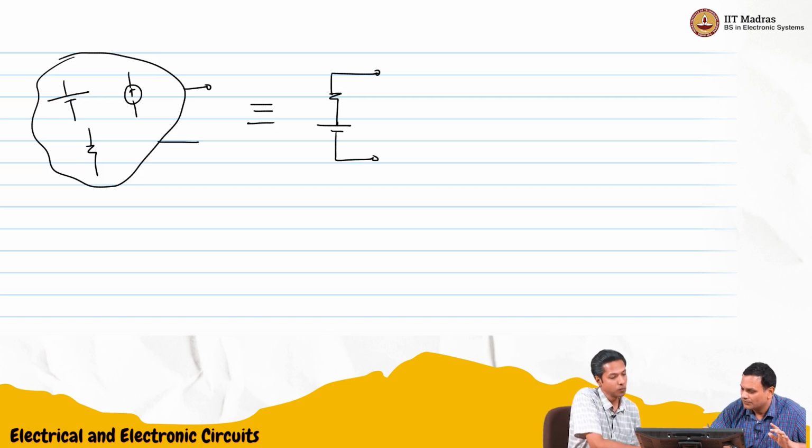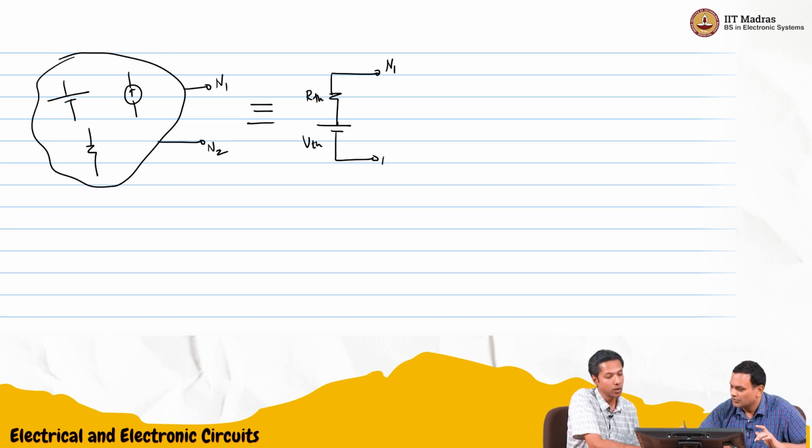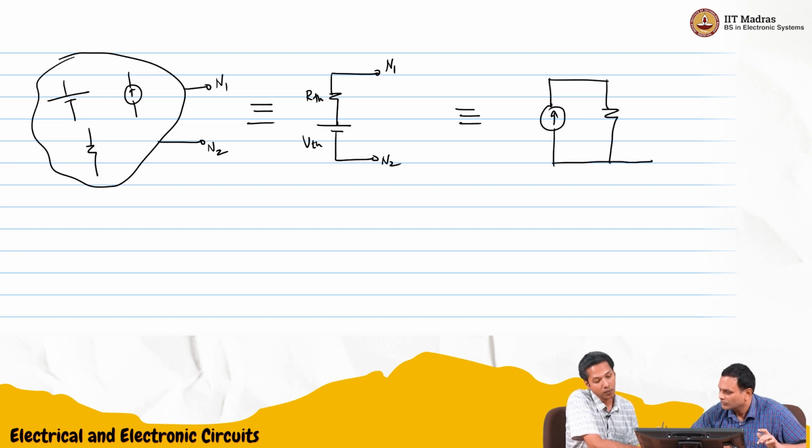So you have two nodes, N1, N2. You can use Thevenin's theorem to replace it with a Thevenin voltage in series with Thevenin resistance across N1, N2, and that will be exactly the same as a Norton equivalent across the same N1 and N2.